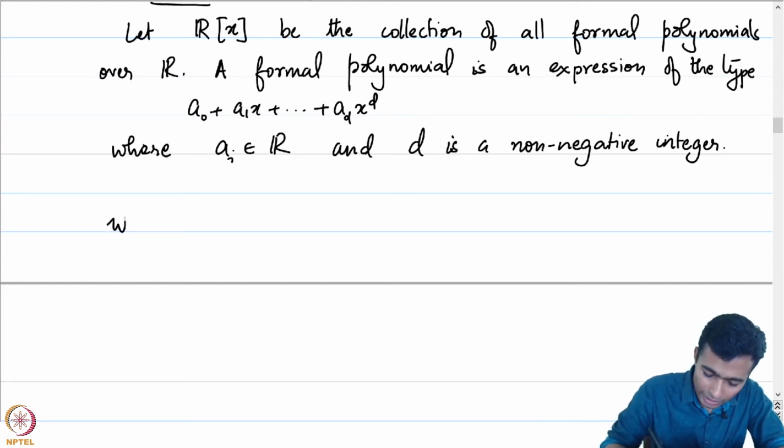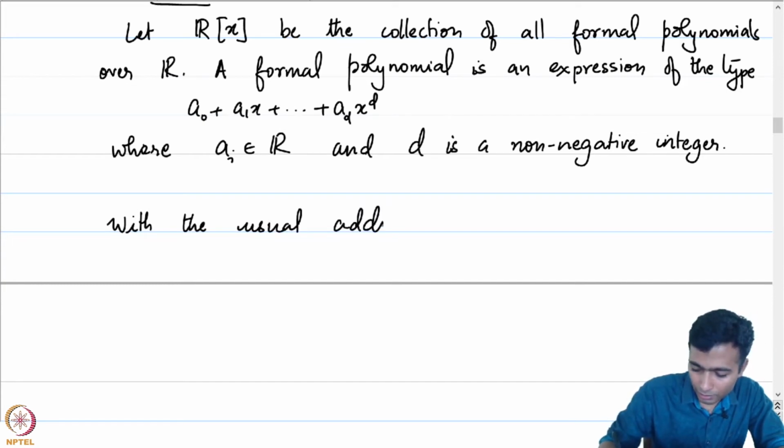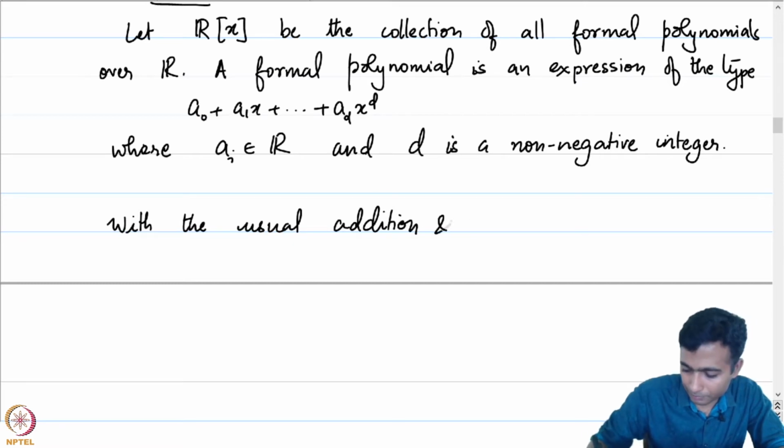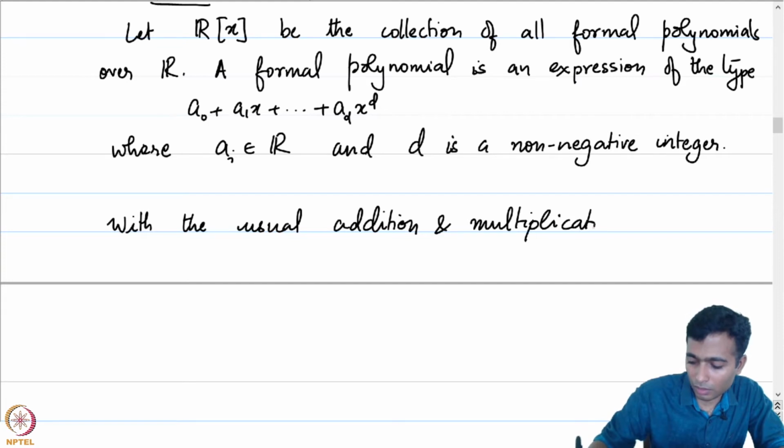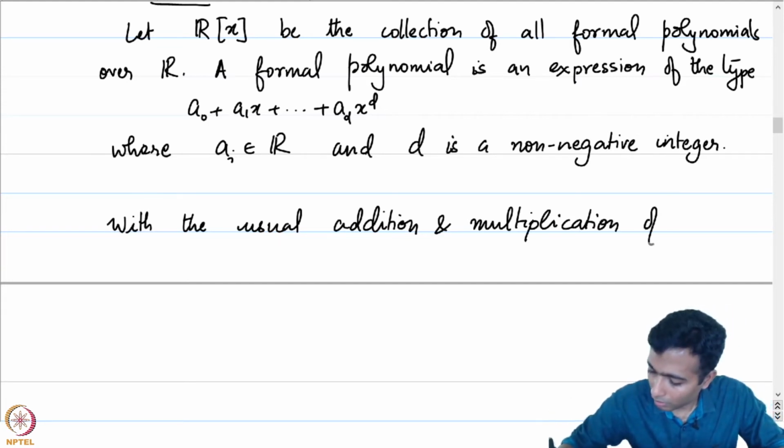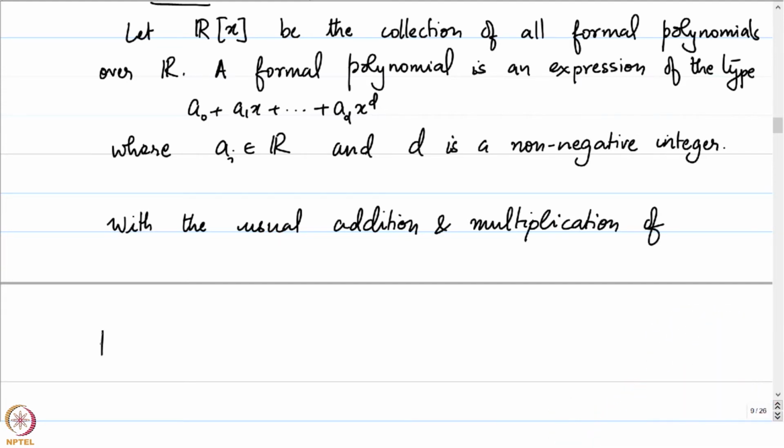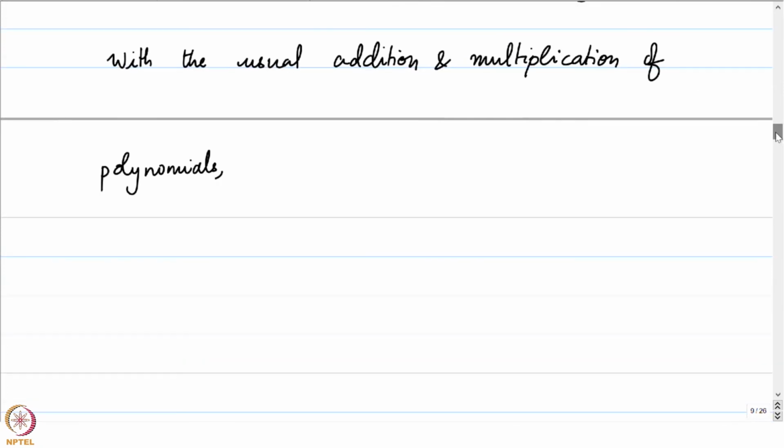Let me just note that with the usual addition and multiplication of polynomials, R of x is a commutative ring with identity.